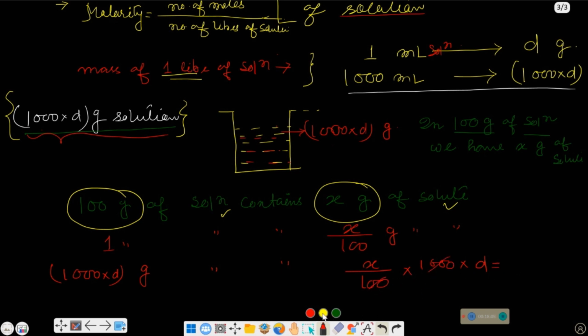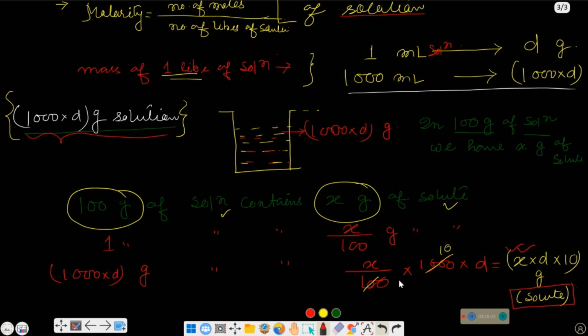This will be x into d into 10 gram of solute. That is how much solute we have.